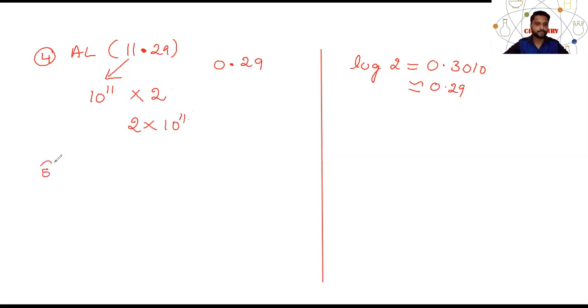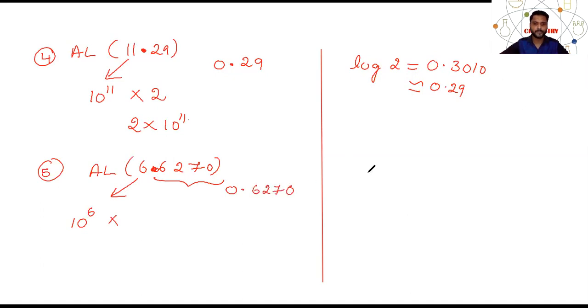Problem number 5. Calculate anti-log of 6.6270. Before the decimal point, we have got 6. That will write in the power, we'll write 10 to the power 6. Then into log of which value is equal to 0.6270. We have log 4 is equal to 0.6020.